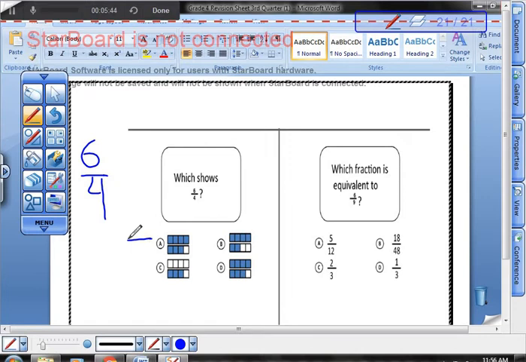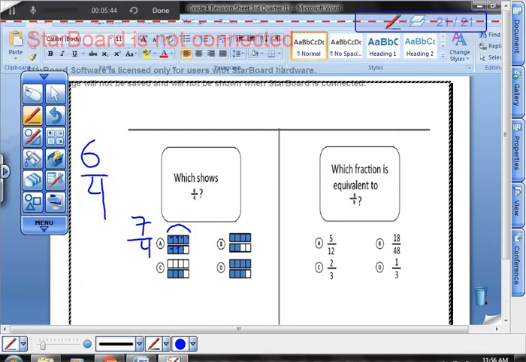So let's count the colored ones here: 1, 2, 3, 4, 5, 6, 7. And my denominator tells me how many equal parts are in the whole one. This is one whole. This is one whole. How many equal parts here? 1, 2, 3, 4. So this model is represented by 7 out of 4.